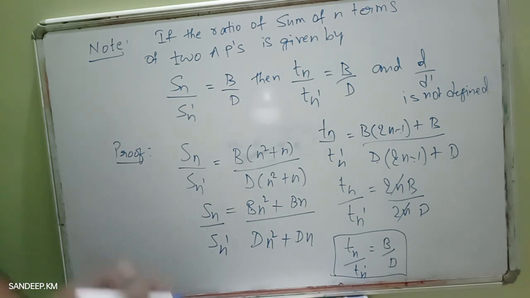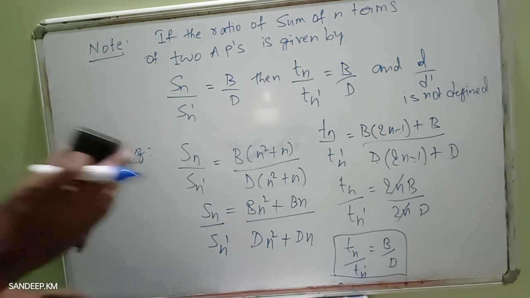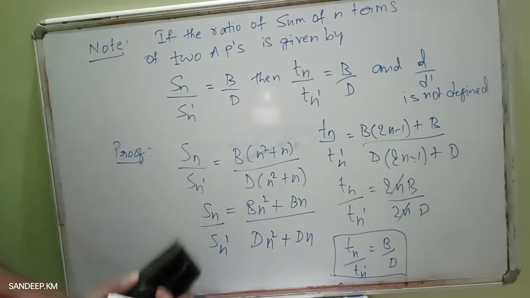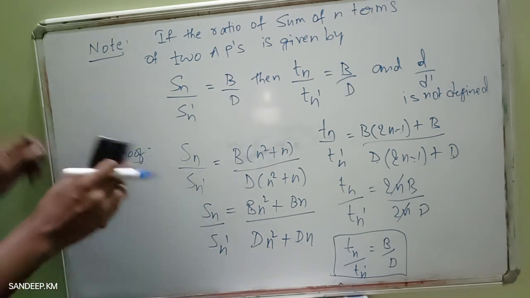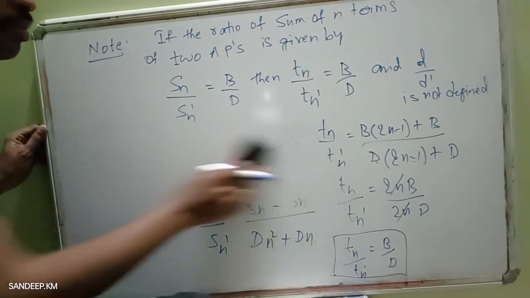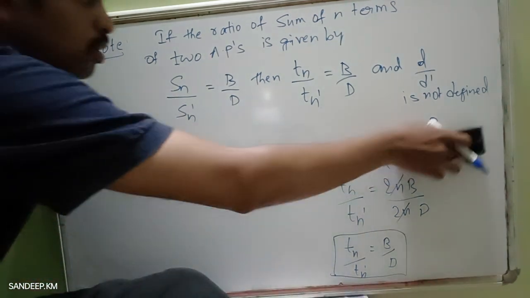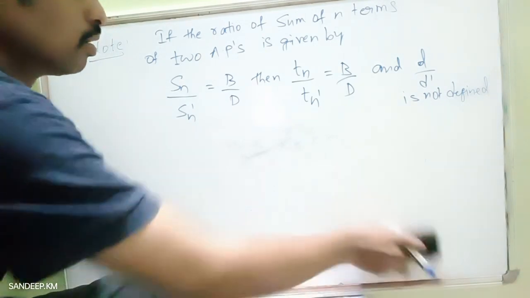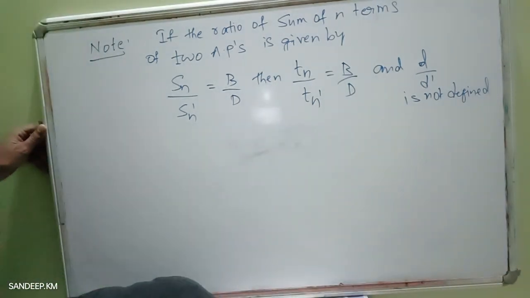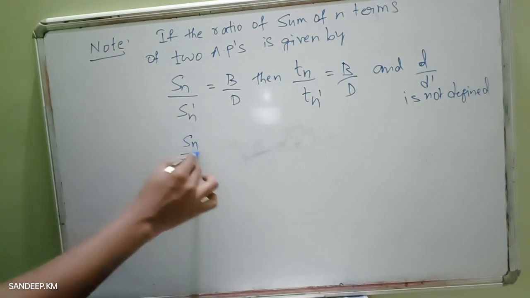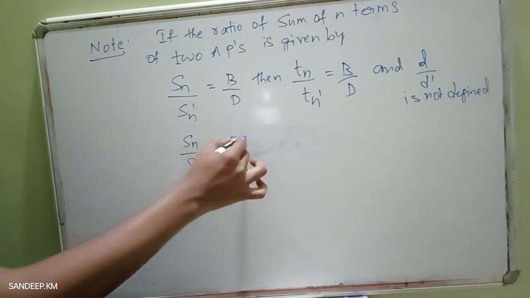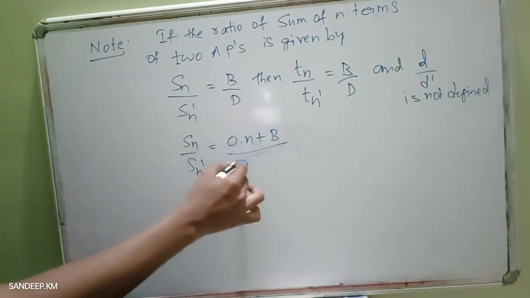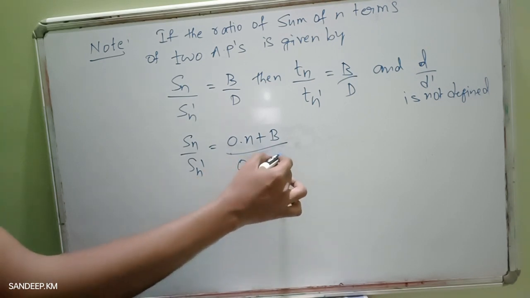Okay, now, dear students, a small thing is, how do we find out that d by d dash is not defined? Let us see. Actually, Sn by Sn dash is equal to 0 into n plus b divided by 0 into n plus d.